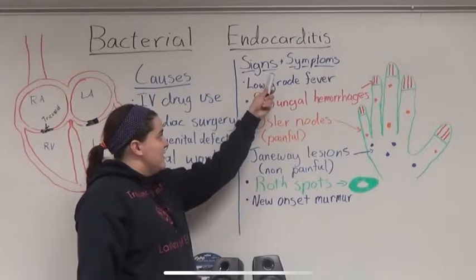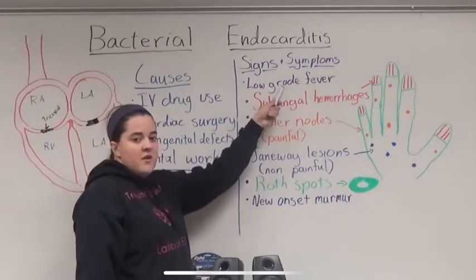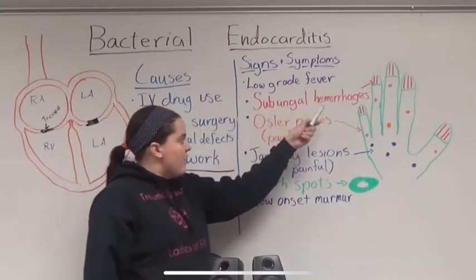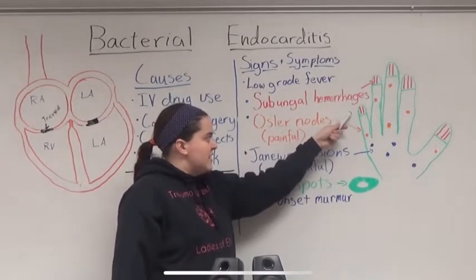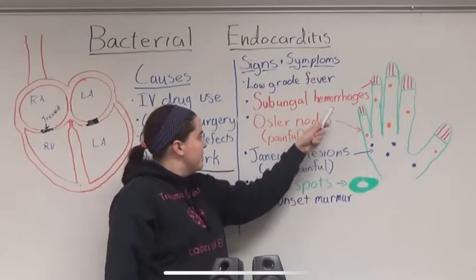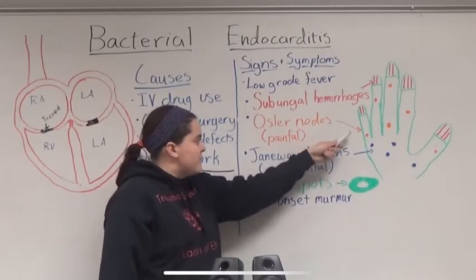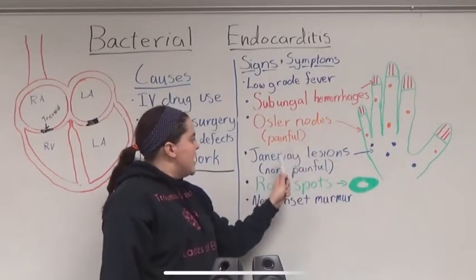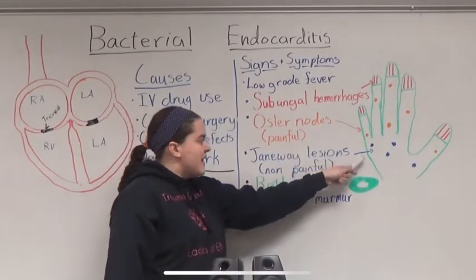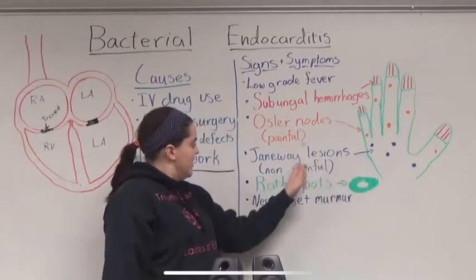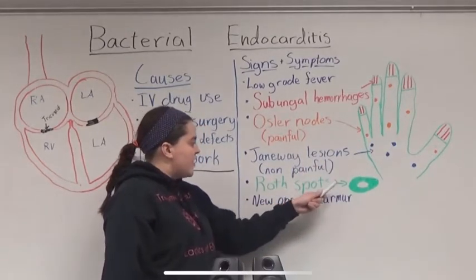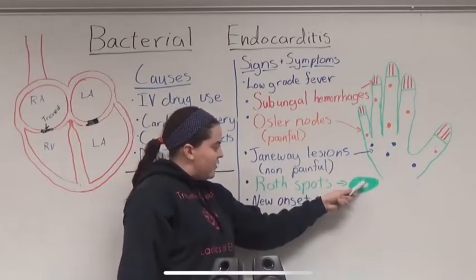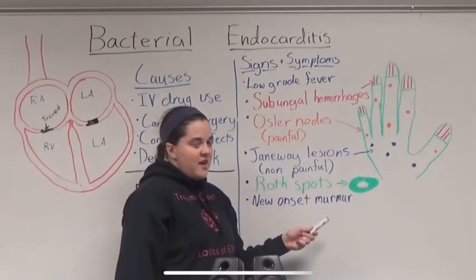Signs and symptoms include a low-grade fever, subungual hemorrhages, which are also known as splinter hemorrhages. Subungual hemorrhages are red linear lesions that occur beneath the patient's nails, Osler nodes, which are small painful bumps that occur on the fingers and toes, Janeway lesions, which are spots on the hands and feet, Roth spots, which are oval-shaped lesions that have a clear spot in the middle, and those actually occur in the patient's retina.